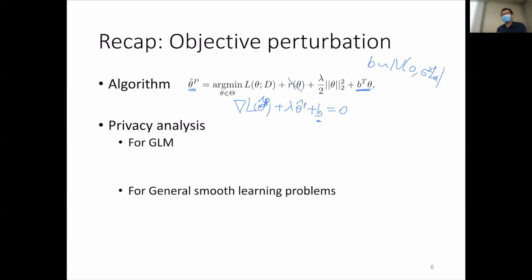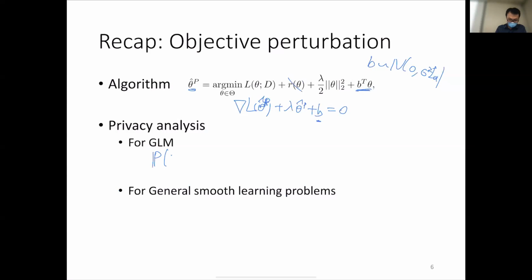So the idea of the underlying proof of the privacy analysis is to bound the transformation between these two by bounding the log determinant of the Jacobian. The privacy analysis involves working out the privacy loss random variable, and then analyzing the tail of the privacy loss random variable.